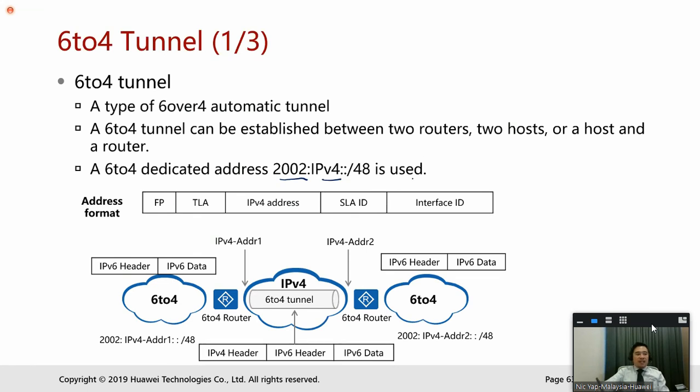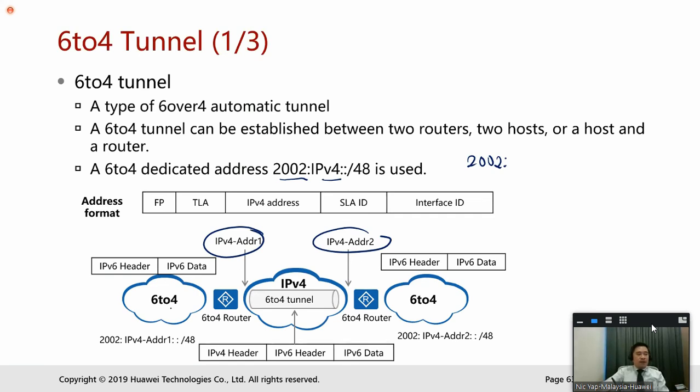Okay, that has been fixed. It's already fixed, this is the address you need to be using. So 2002 colon your IPv4 address. This is where your IPv4 address, which you allocate to form the tunnels, goes. Okay, and this is how the tunnel is defined.